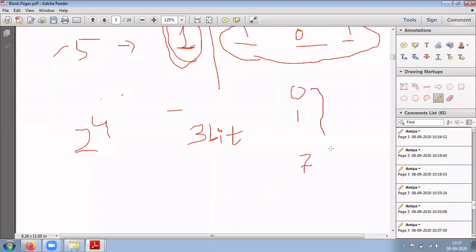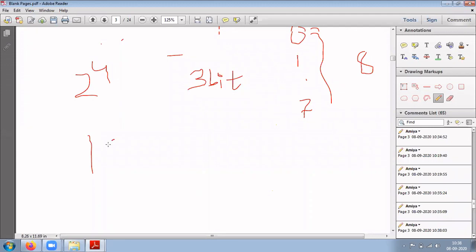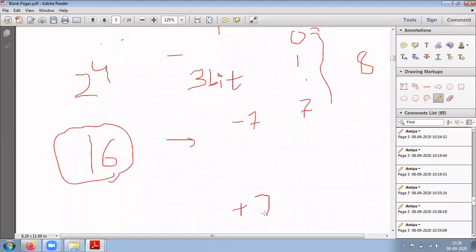ये कितना हुआ? जितना बिट होगा, 2 to the power that bit. तो यहाँ पर हमारा 4-bit सिस्टम है, तो I can represent 16 numbers, but now I am representing 15 numbers, क्योंकि यहाँ पे -7 से +7 कितना नंबर है?